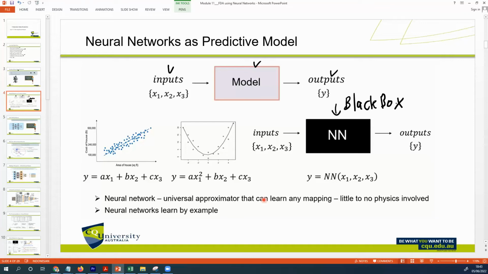Not so many people understand how the neural network works. But in tonight's class, we are going to learn what happens in the black box.